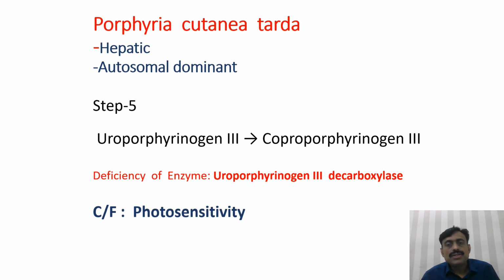This decarboxylase enzyme deficiency leads to porphyria cutanea tarda. Uroporphyrinogen 3 decarboxylase is required for step 5, in which uroporphyrinogen 3 is converted into coproporphyrinogen 3. If this is deficient, that leads to porphyria cutanea tarda, and the most important clinical feature is photosensitivity.